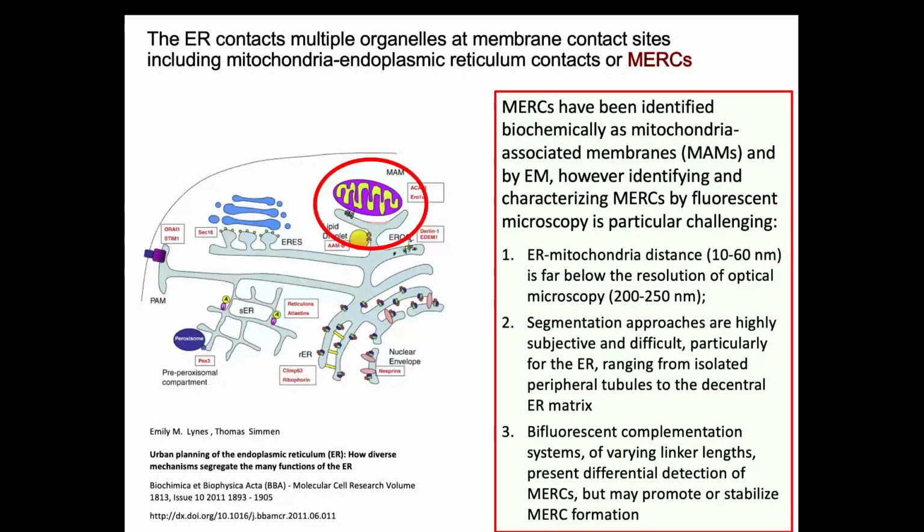If we want to segment two channels, ER and mitochondria, it is very subjective and difficult, and the ER is particularly difficult to segment by fluorescent microscopy. And finally, there are biofluorescent complementation systems which use linkers of various lengths to bring the organelles together and detect them, but they may promote or stabilize the contacts, and to what extent they are valid reporters is really challenging.